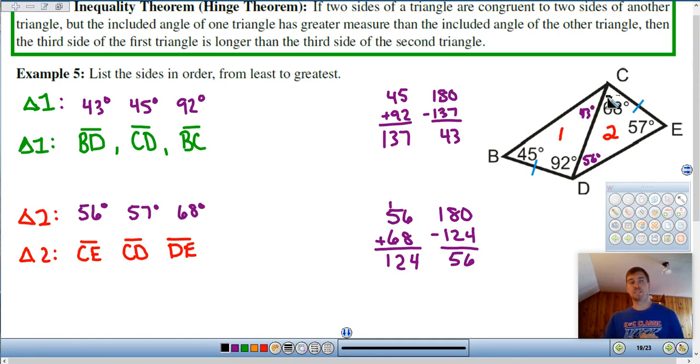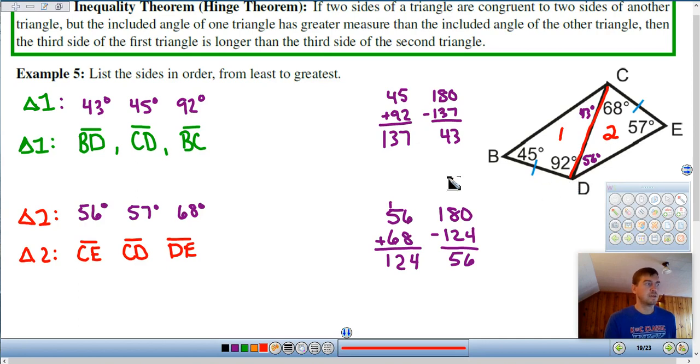Because all that tells us is that BC is large compared to the other two sides in that triangle. Luckily, we have this shared side of the two triangles, which allows me to make a comparison.